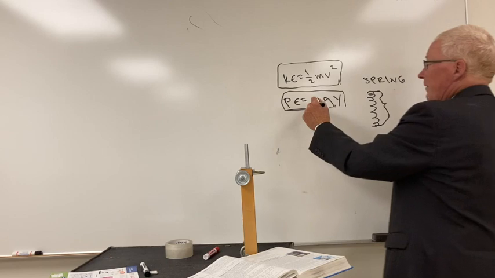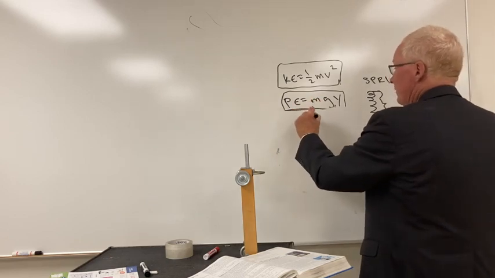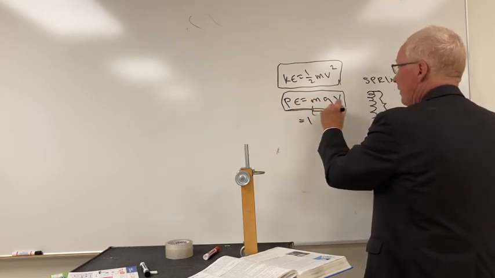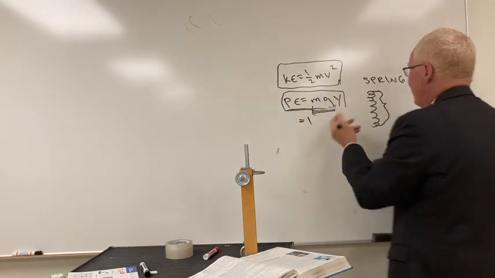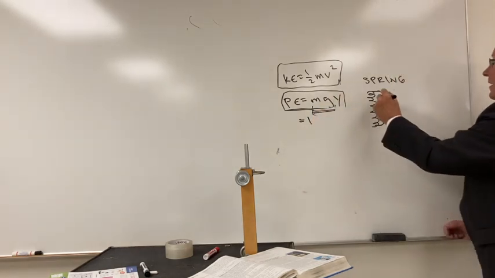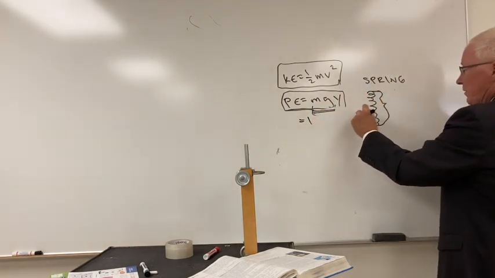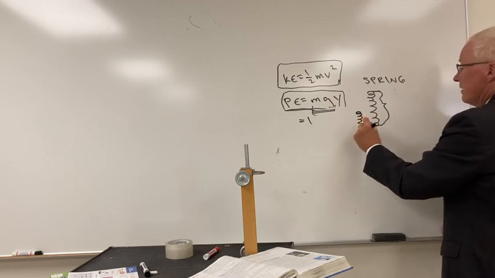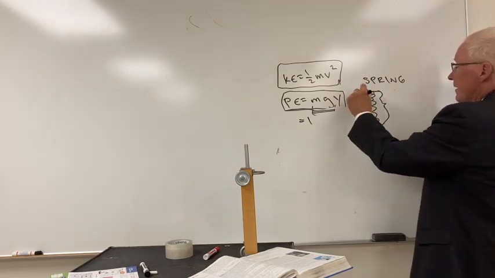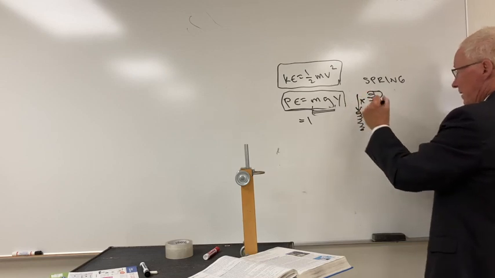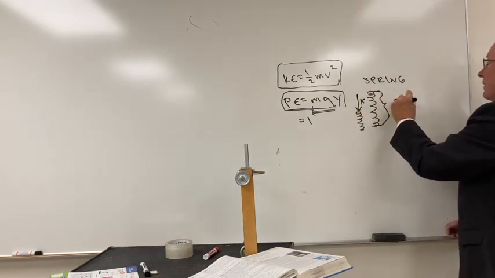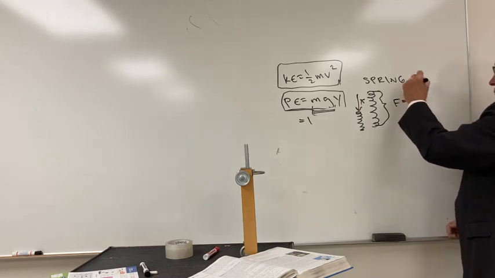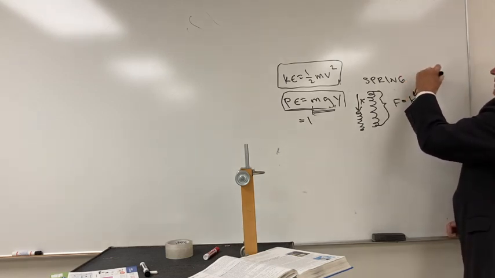is not like gravity. For gravity, it's just mg times distance, so this is a constant force times distance. For a spring, when you compress it a certain distance x, the force on it goes as k times x, where k is what we call the spring constant.